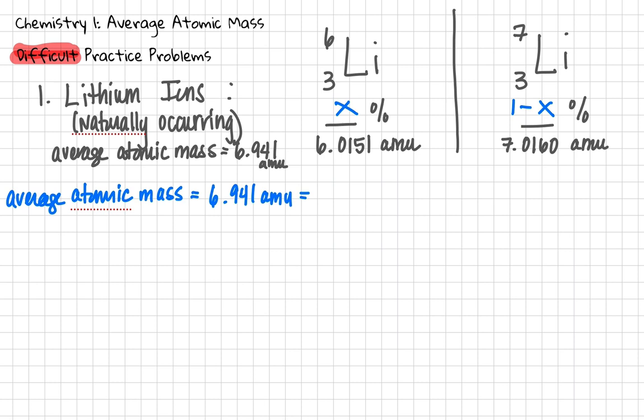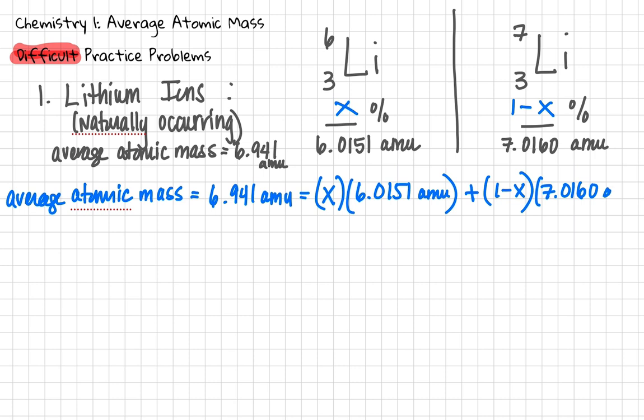So now I'm going to plug everything in, and I'm going to do X times 6.0151 AMU, and then 1 minus X times 7.0160 AMU. And then I'm going to do the math. I'm just going to bring this down, 6.941. I'm going to leave AMU out for the moment for space purposes, but I suggest you write it all out.